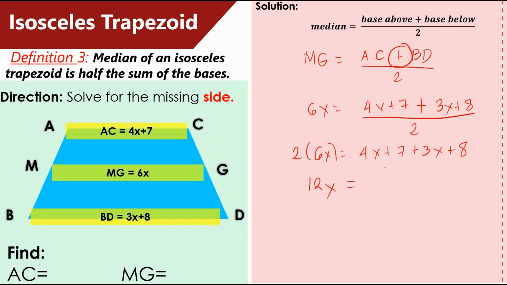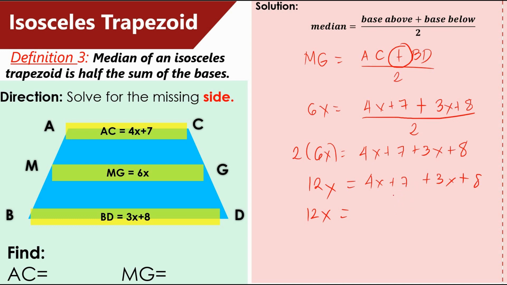You may copy the rest, or you may now combine all the similar terms. Okay, so that you will not be confused, let us just copy the rest for a while. And this will be the next step. We can now combine all the similar terms. So we can combine all the terms which have a variable and all the terms which don't have a variable.